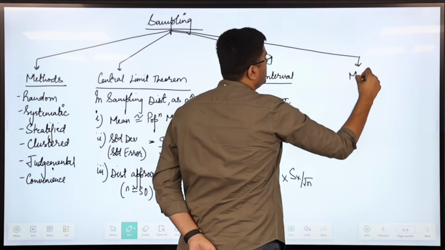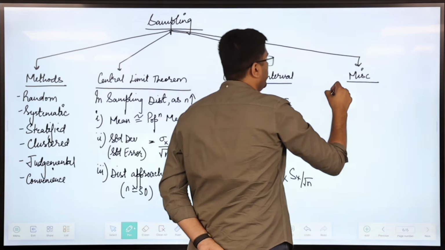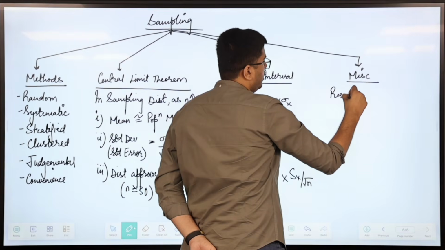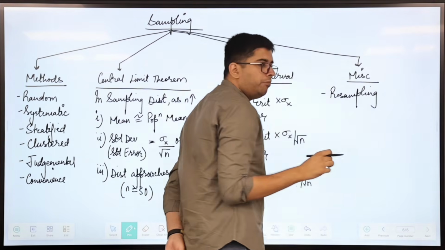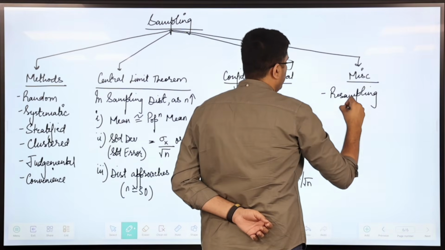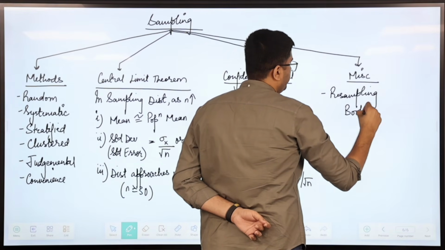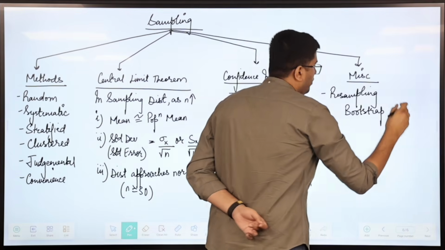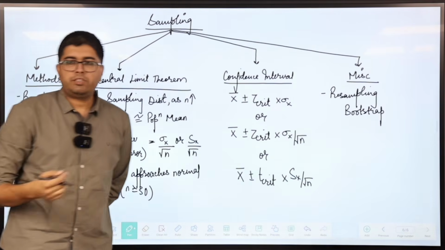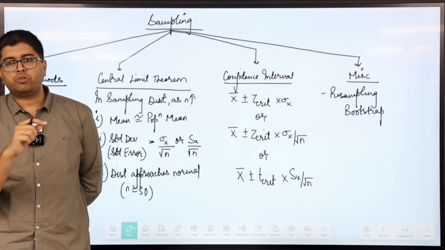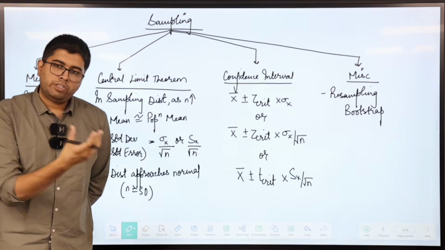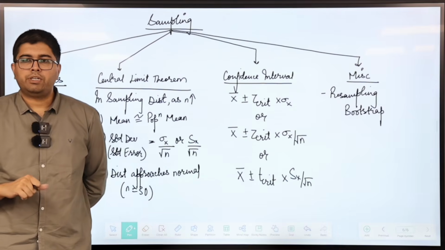Lastly, we had a few miscellaneous terms, specifically resampling, which is the process of creating multiple samples from a limited amount of data. So here we covered 2 techniques. One is bootstrap, where you create multiple samples by replacing one value from your existing sample. So every time you simply replace one value, what is left, that becomes a new sample.